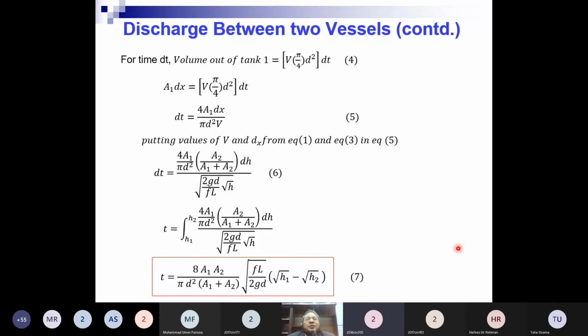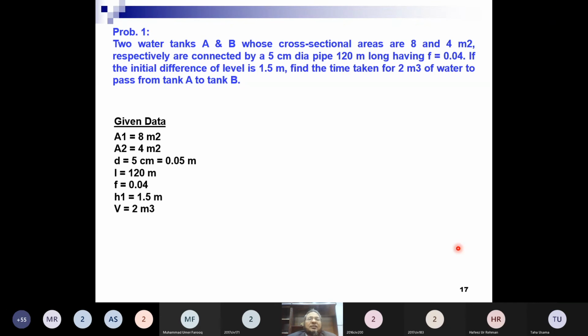Very good. Now we have to apply this equation. Problem number 1. Okay, क्योंकि अब केस चेंज हो गया ना. Two water tanks A and B whose cross-sectional areas are 8 and 4 square meter respectively are connected by a 5 centimeter dia pipe 120 meter long having friction factor 0.04.